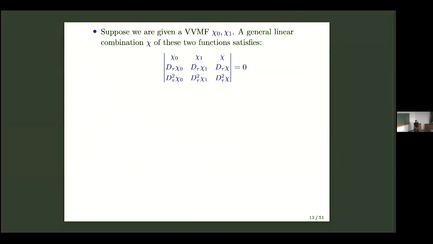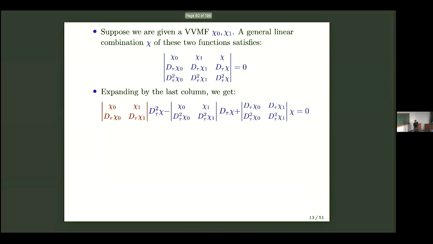So supposing I'm given one vector-valued modular function, chi0 and chi1. This discussion is very simple in rank 2, though you can easily generalize it to rank n. Supposing I'm just given two such functions, and I'm told that under SL2Z they transform into each other by a modular representation. Now, supposing chi is an arbitrary linear combination of these, then it's obvious that this determinant must vanish because the last column is a linear combination of the first two columns.